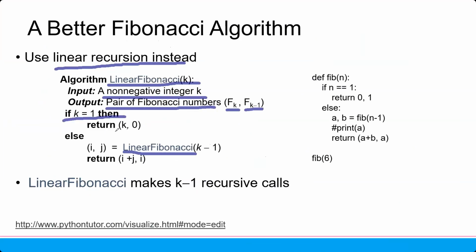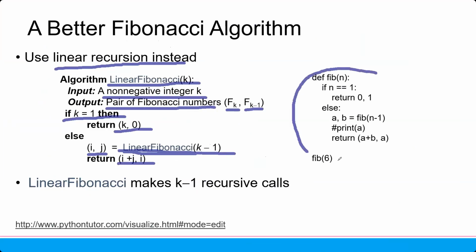If k equals 1, then return k, 0. If not, then i, j will be the result of linear Fibonacci k minus 1. Then you can return i plus j, i.